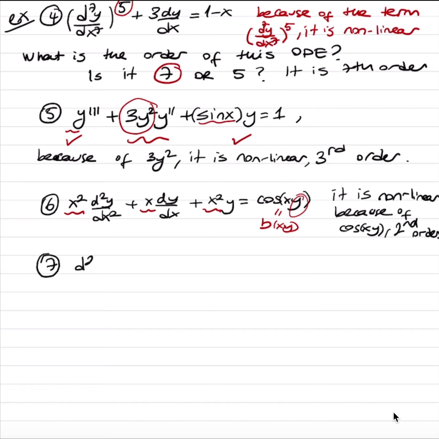Okay, what about d squared y over dx squared plus 5y is equal to 0? And let me write 2: d squared y over dx squared plus 5y squared is equal to 0 this time. They look very similar, right? In the first one we have 5y, in the second one we have 5y squared.